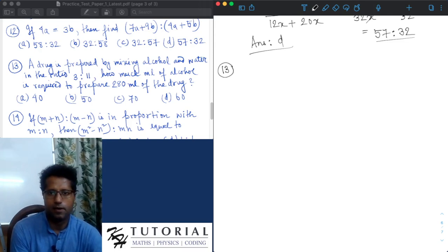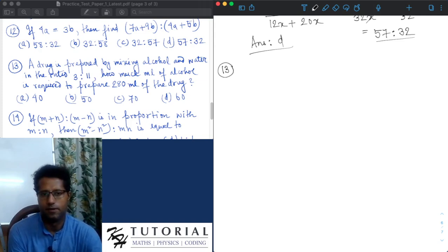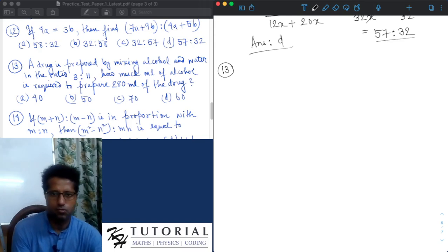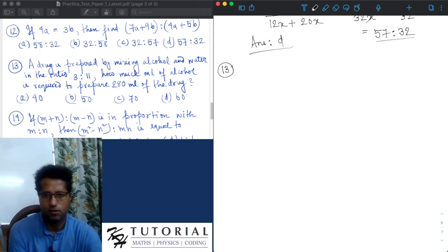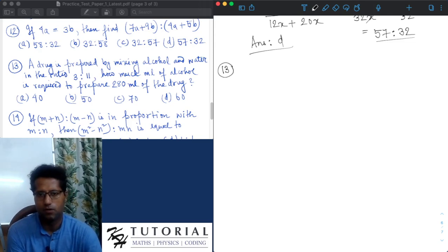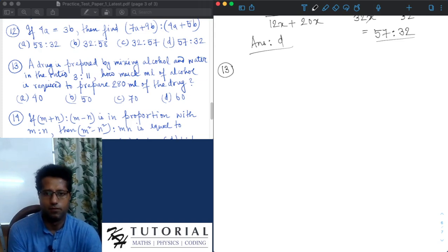So to prepare the drug, alcohol and water is mixed in the ratio 3 is to 11, and it is asking to prepare 280 ml of drug which will have both alcohol and water. How much alcohol will be in 280 ml of the drug?